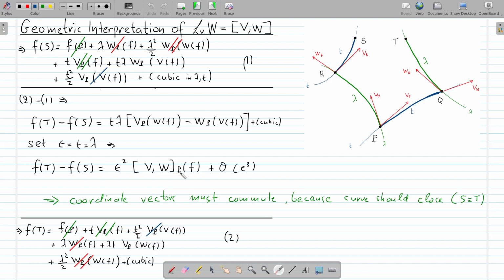So we see that this walk in those two different directions brought us to two distinct points, S and T, unless the commutator of V and W vanishes. Therefore, we conclude that coordinate vectors must commute, because when we move along coordinate systems, then we should arrive at the same points.